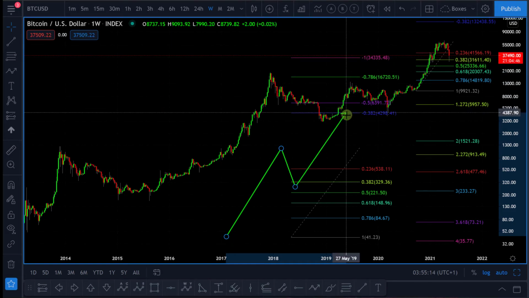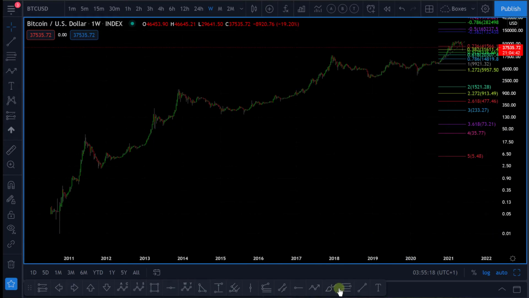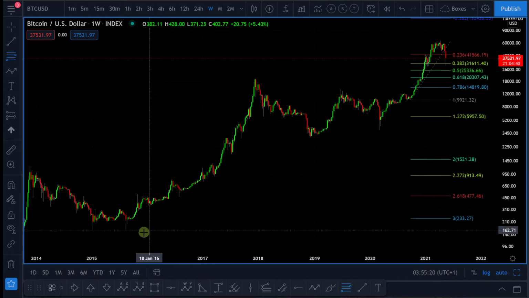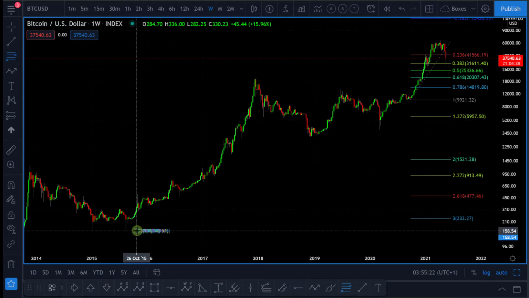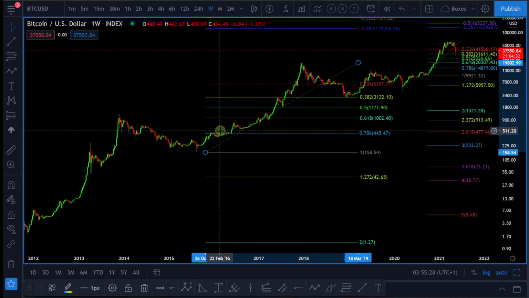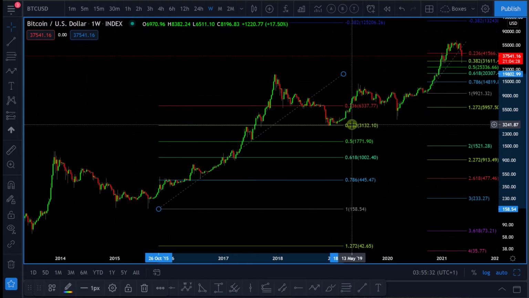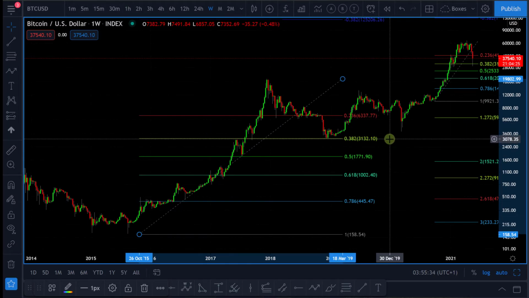The selling starts after 0.382. And what I found, a very historic fib zone, right from the 2015 bottom all the way up. Look, exactly retraced to 0.382, right?